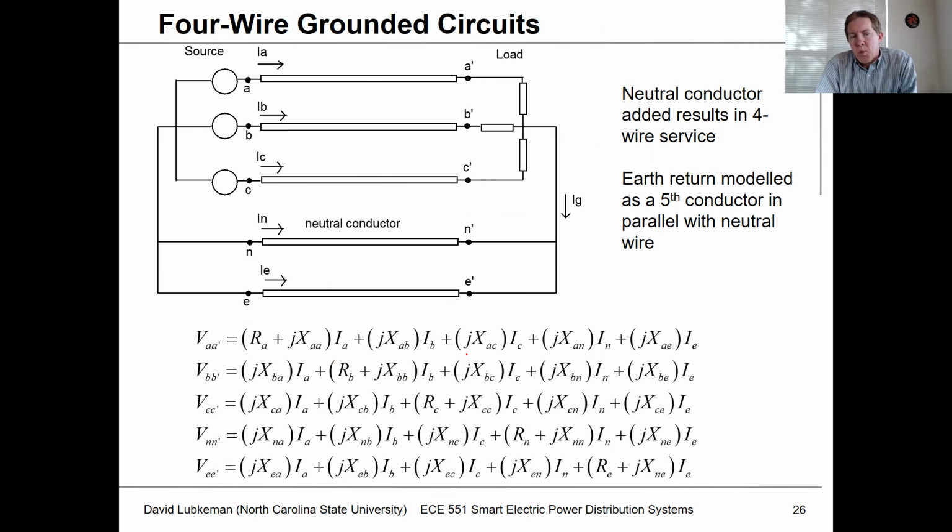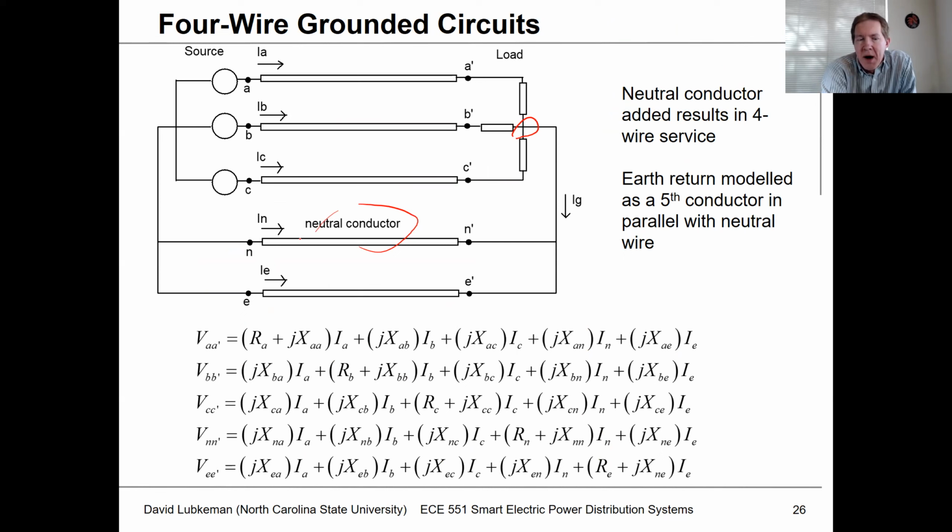Now, once you've got this Carson's equation correction, you can go back to the way our systems are actually constructed. And the way systems are actually constructed is kind of like this 3-wire system we had before. However, when we get to this side, we're going to have a return that's going to return current through a neutral conductor.